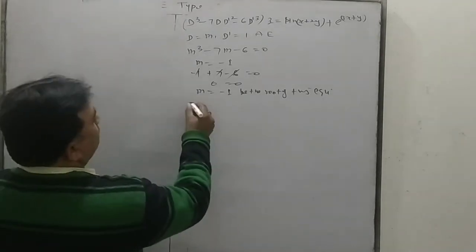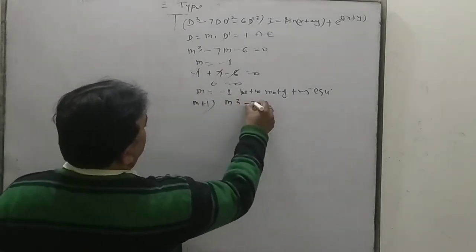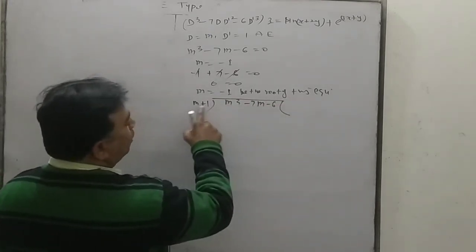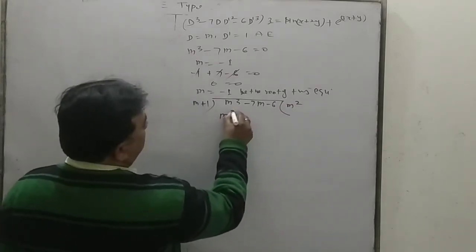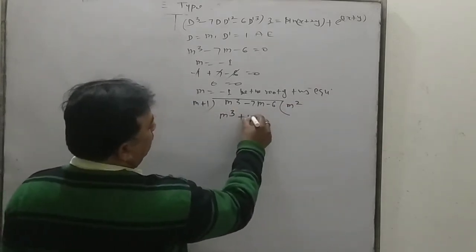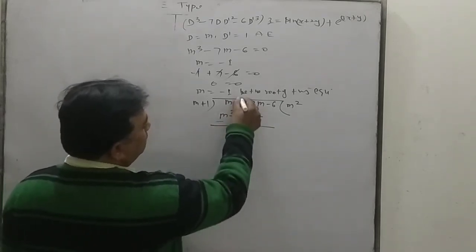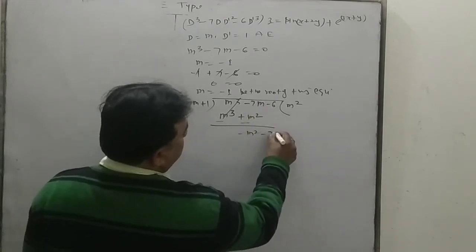So divide m cube minus 7m minus 6 by m plus 1. We divide: m cube, multiply m plus 1 by m square, then m cube plus m square. Change the sign, minus minus, this cancels out, leaving minus m square minus 7m.